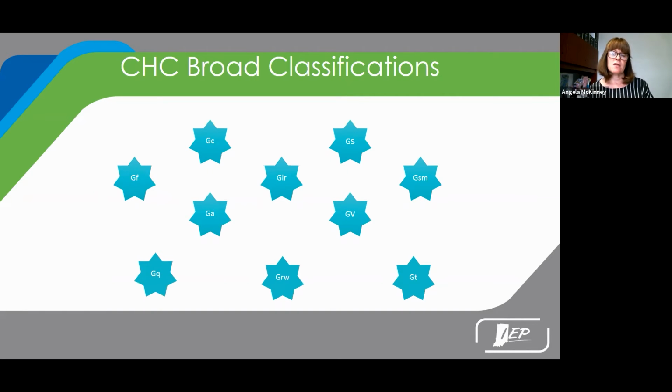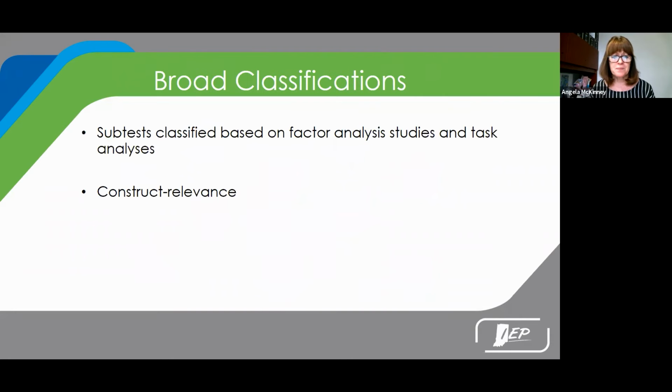So within the theory, there are all these different broad classifications. And I'm sorry if this is a repeat of some of your grad school classes to some of you. We're not going to get too far into the weeds on this. But we have all these areas of G, right? If G is kind of thought of as your intelligence, then it has these different G broad classifications of different kinds of skills and how different things are grouped.